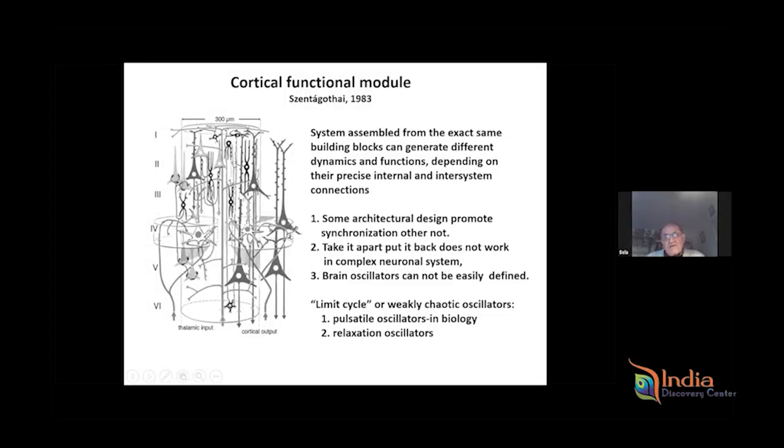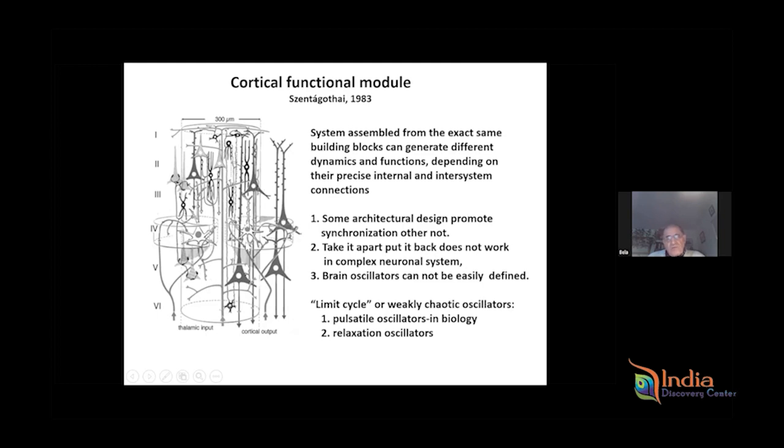How this functional module works depends on the kind of neurons that build it. If there is a more excitatory component or a less inhibitory one, then the outcome is different.